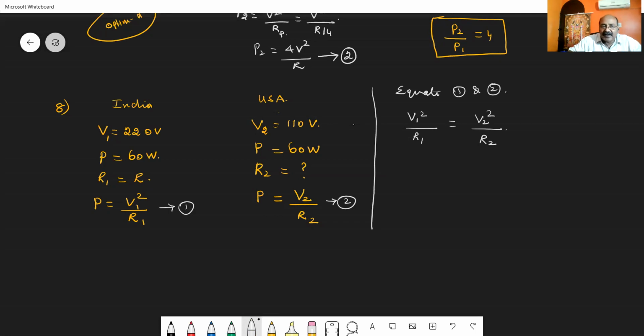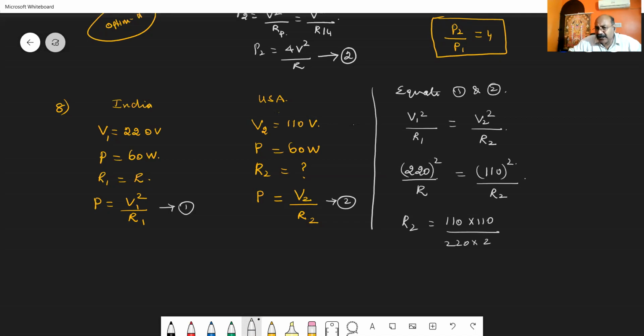What is V1 square? V1 is 220, divided by R1, given as R. So 220 square is equal to V1 square, and V2 square is 110 square, divided by R2. Simplify. R2 will be equal to, on cross multiplication, 110 into 110 divided by 220 into 220, isn't it?